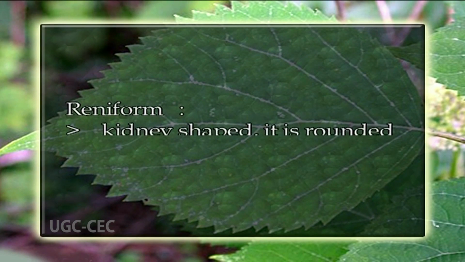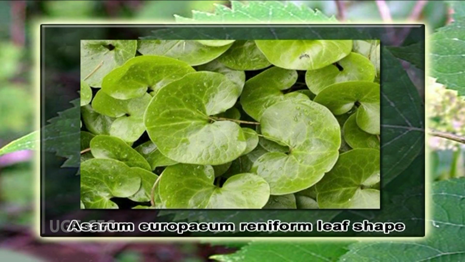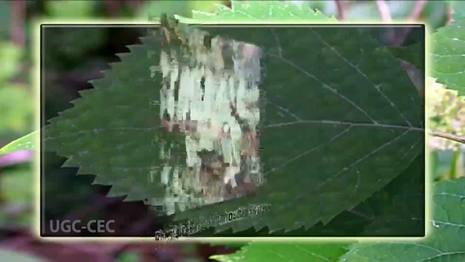Reniform, this is kidney shaped. It is rounded above and notched below. For example, Typhonium diversifolium, Indian pennywort, Asarum europaeum. Then rhombic, diamond shaped, with 4 sides, petiole attached at one of the corners.